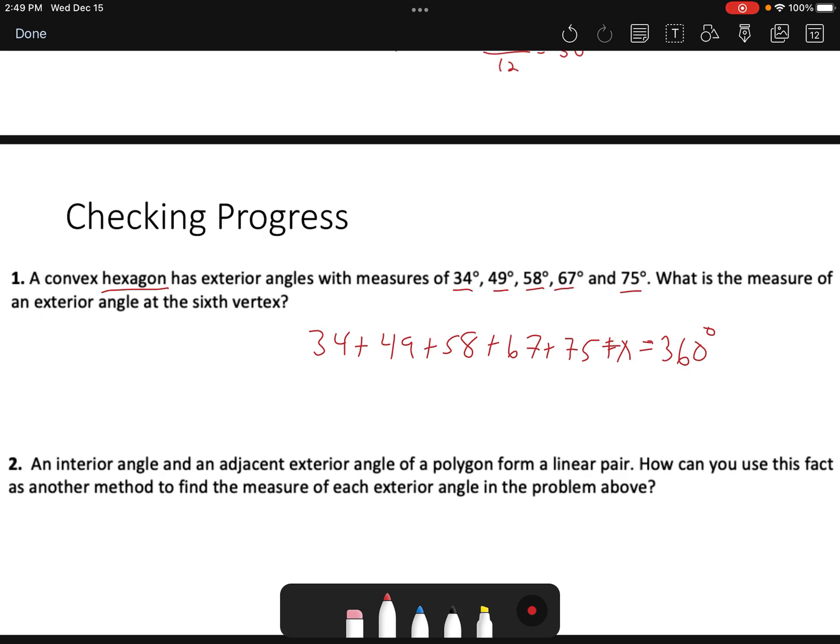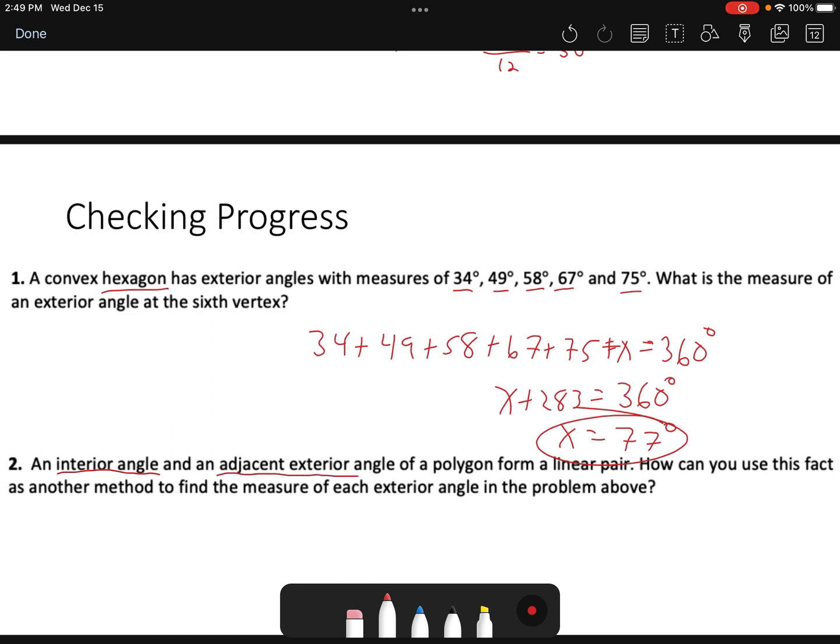All we have to do is add those together and then subtract them from 360, right? So 34 plus 49 plus 58 plus 67 plus 75 equals 283. So x plus 283 equals 360. Now I'm going to subtract 283, and I got 77 degrees. So that's the measure of the exterior angle on the sixth vertex.